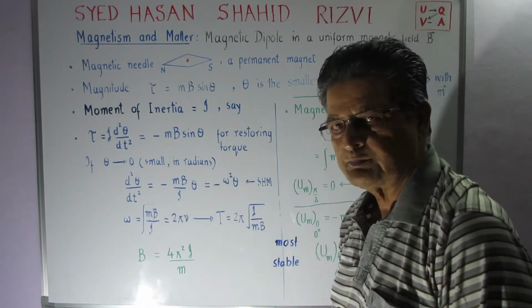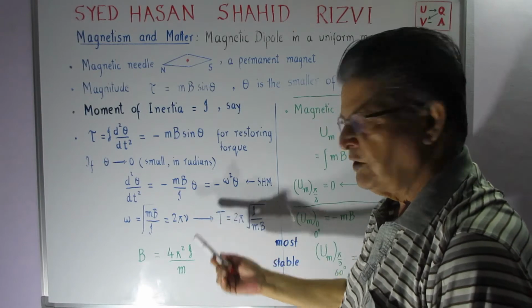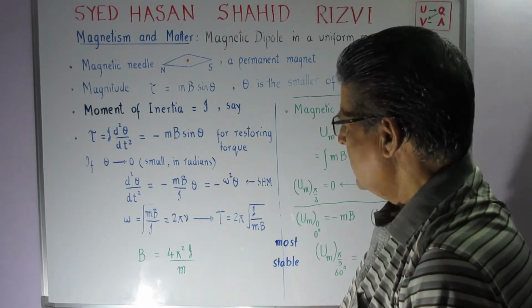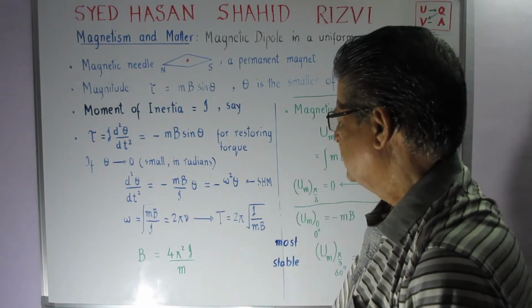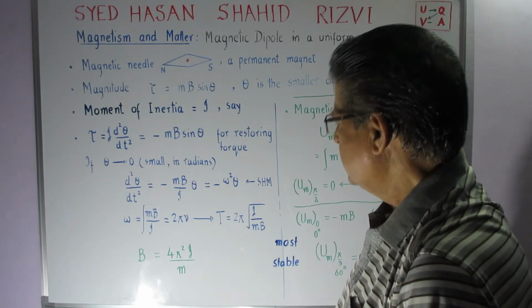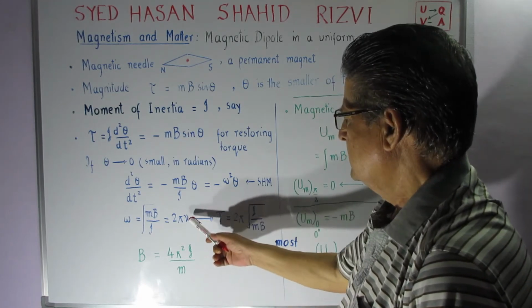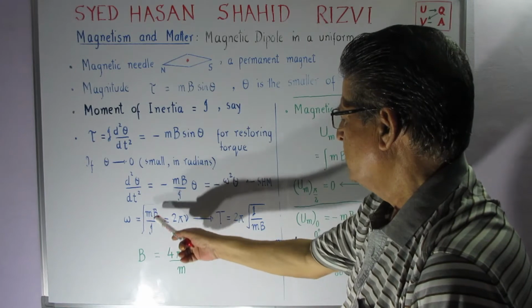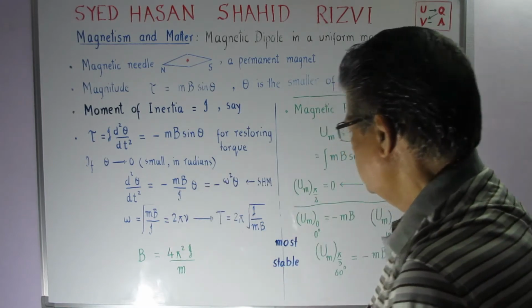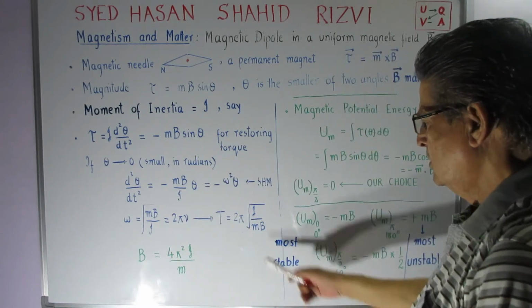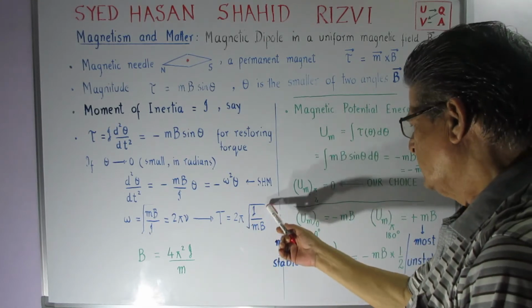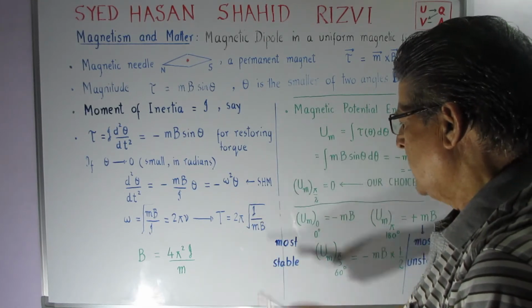Omega is equal to 2 pi nu, where nu is the frequency, and it is the inverse of capital T. So I can write that nu is equal to 1 upon 2 pi times this, and therefore T is equal to 2 pi under root I upon mB.